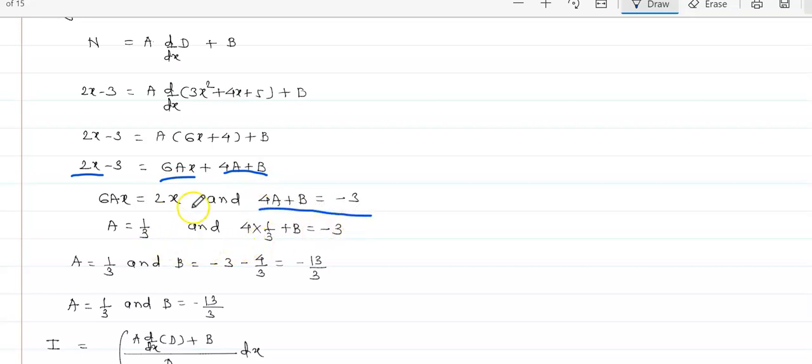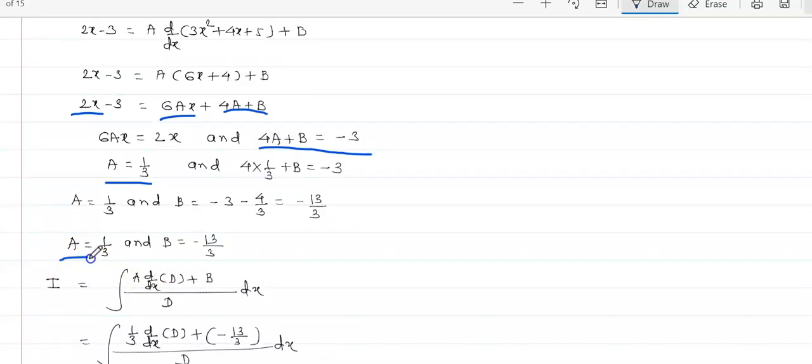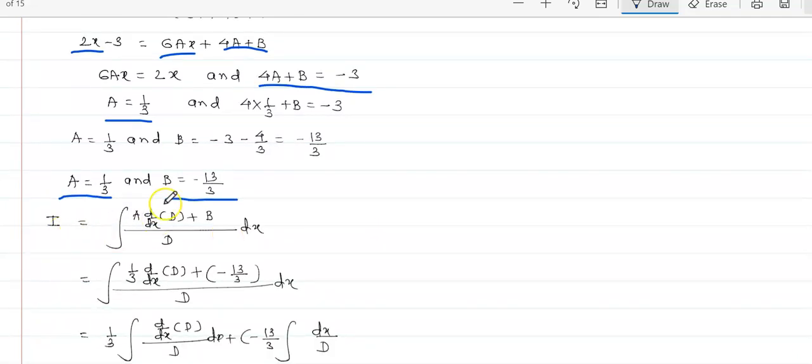Therefore A is equal to 1 upon 3, and substituting the value of A, you will get the value of B. Now here A is equal to 1 upon 3 and B is equal to minus 13 upon 3. Therefore, see this, I is equal to integral of A into d/dx of the denominator plus B.